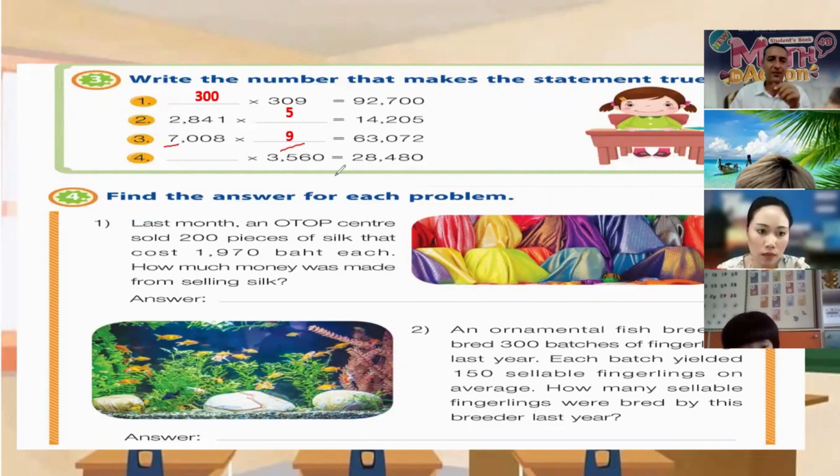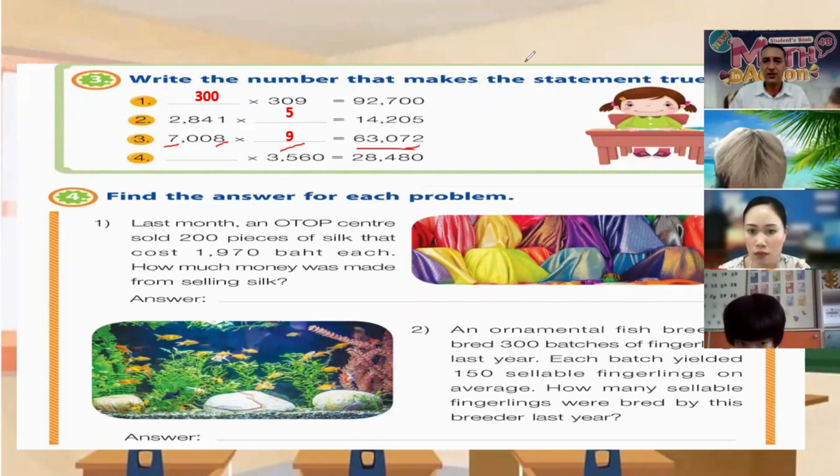So that means 9 sevens, 63. So that means 63,000. So that's quite close. So first of all, 9 eights, that is 72. And then 9 sevens, 7,000. So that will be 63,000. So the product will be 63,072.